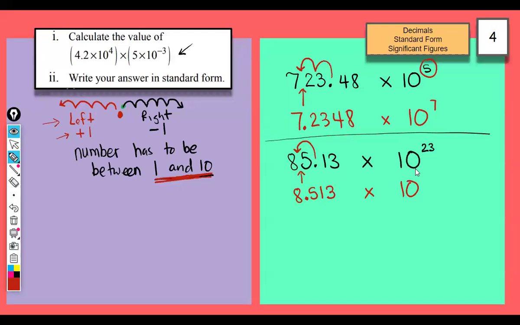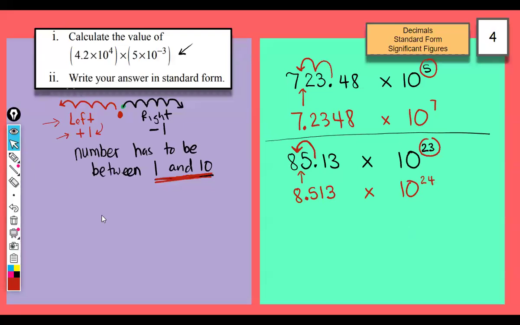We can't leave it as 23. Remember, it was 23 at the beginning, and then we move it 1 place to the left. For every jump to the left, it will increase by 1. So it went from 23 to what? 24. That's your final answer.